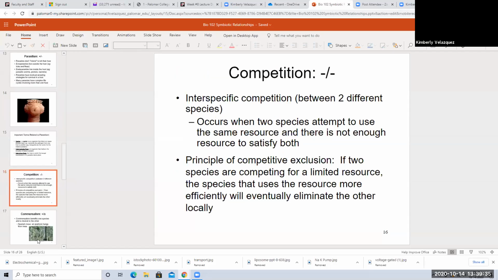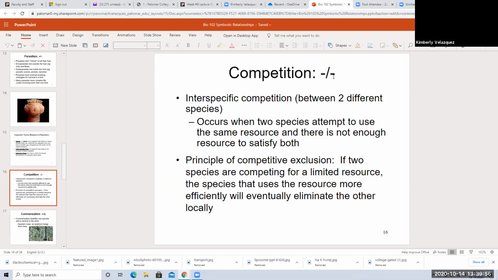Okay, competition. Some biologists would disagree with this, but a lot of ecologists say that competition is a negative, because in the absence of competition, it's often thought that one or both of those species would be more successful than they are in the presence of competition.